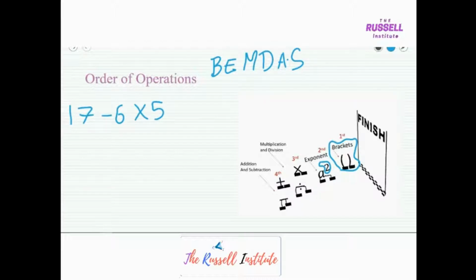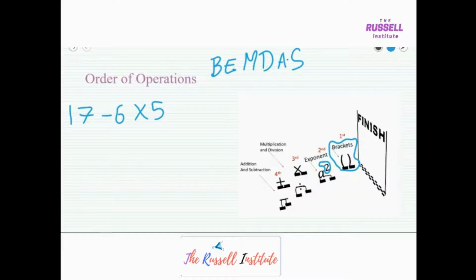In third place, there's a tie between multiplication and division. The reason they're tied is because they can be done at the same time. It doesn't matter which one you do first. You must always work from left to right and just multiply and divide at the same time. And finally, addition and subtraction.